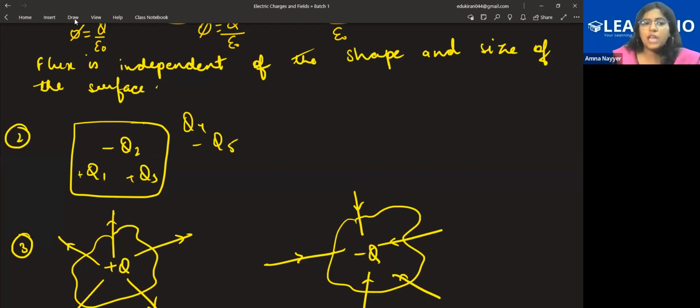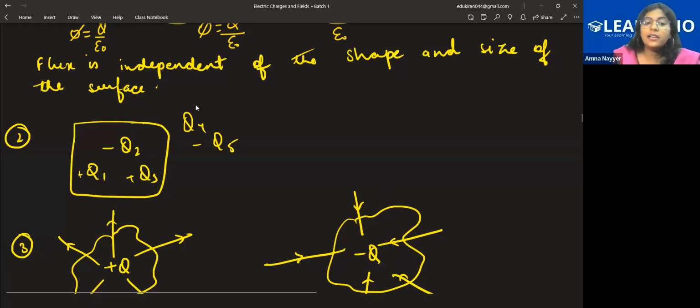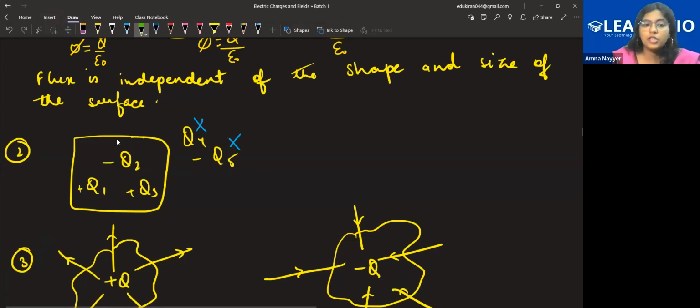This is the scenario of the charges present. I will not consider Q4, I will not consider Q5. I'll only be considering Q2, Q1 and Q3. Why? Because they are within the surface.